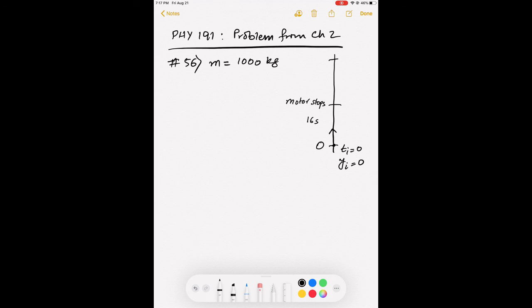And then after 16 seconds, the acceleration stops, right? So when the external acceleration stops, then you have a free fall between here and whenever the rocket stops moving afterwards.